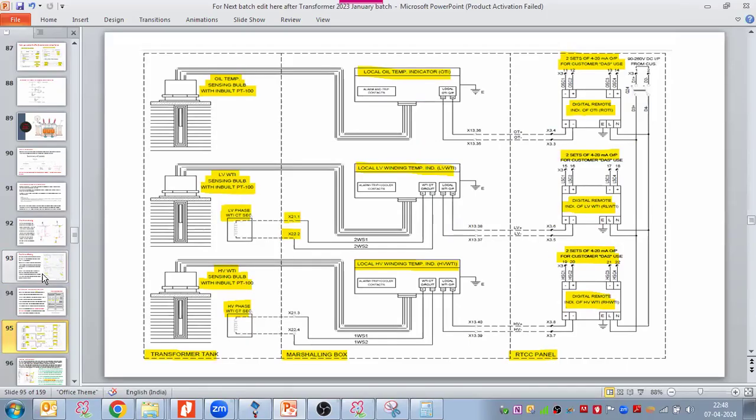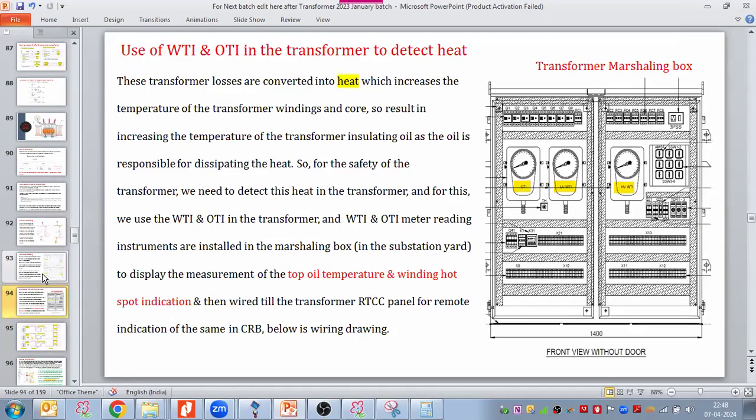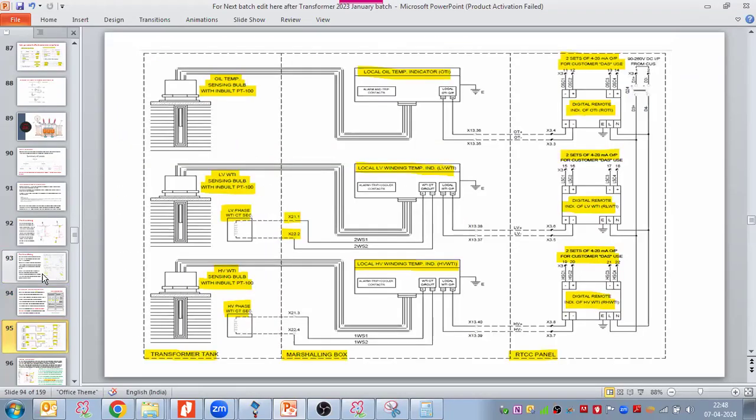We have discussed that temperature is measured locally in the Marshalling box and remotely in the RTCC, which is placed inside the control building, and for that we have to do the wiring as well.